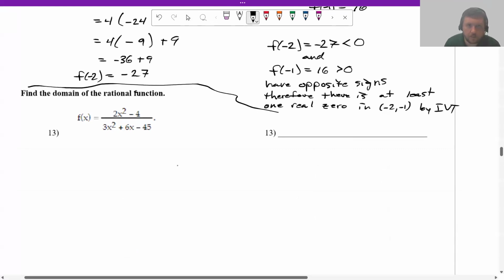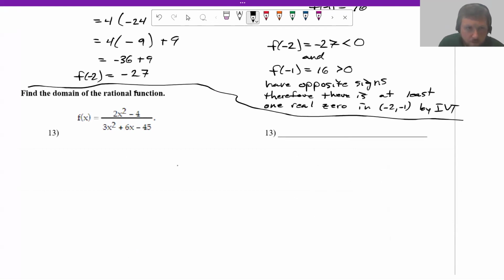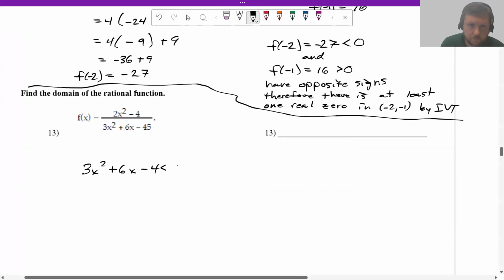Find the domain of the rational function. Well, all we need to do is take the denominator and set it equal to 0 and solve for x.